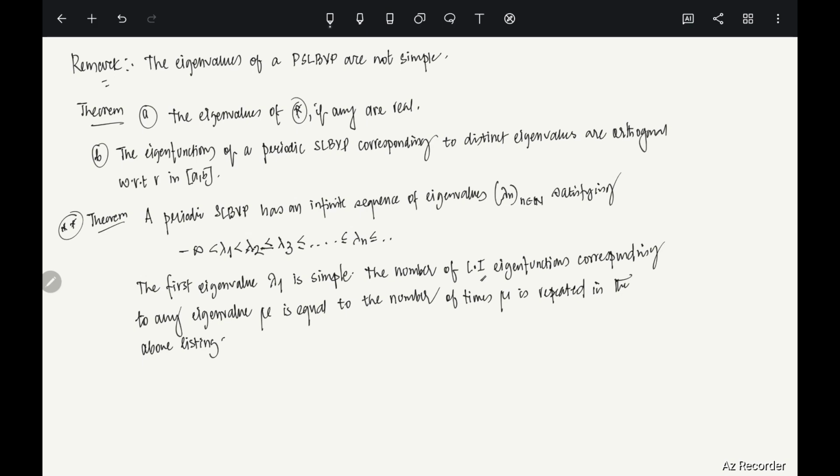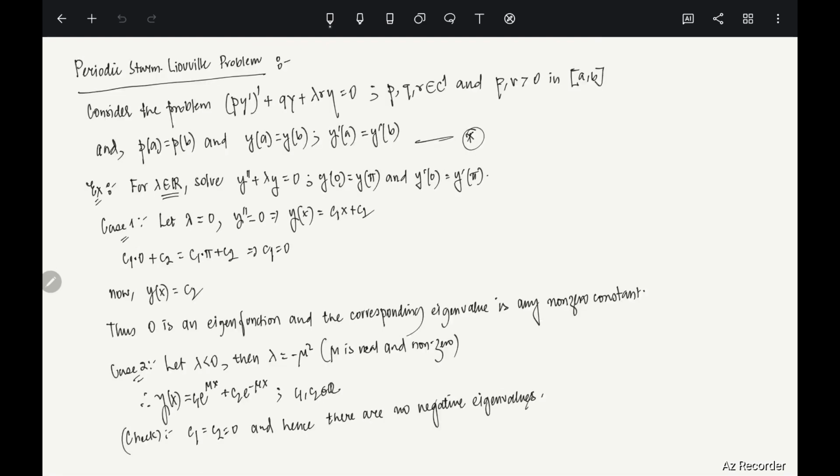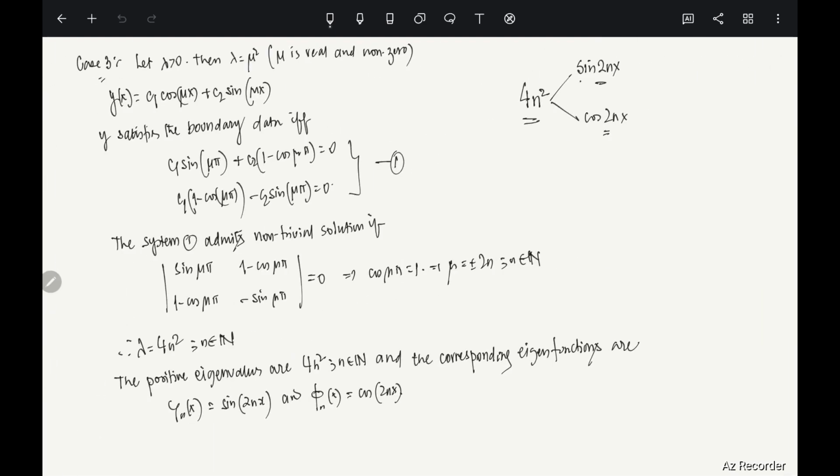Here also you see the eigenvalue. In this periodic Sturm-Liouville boundary value problem, the eigenvalue is 4n square, and this is repeated twice. So how many linearly independent eigenfunctions should be there corresponding to this 4n square eigenvalue?